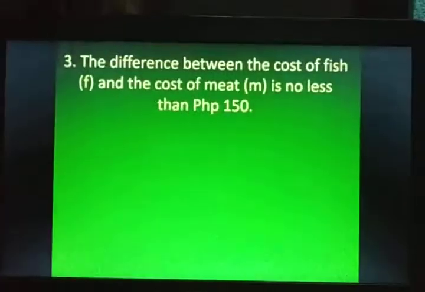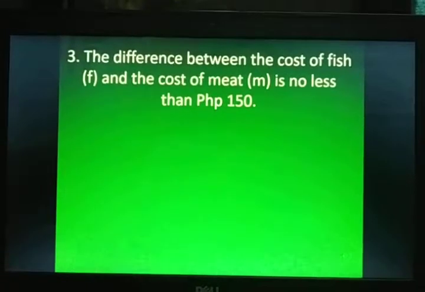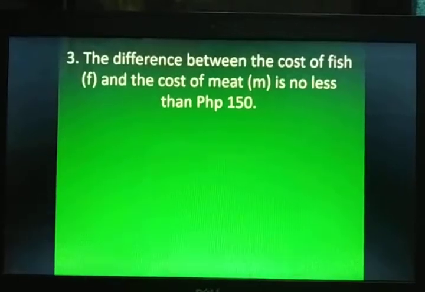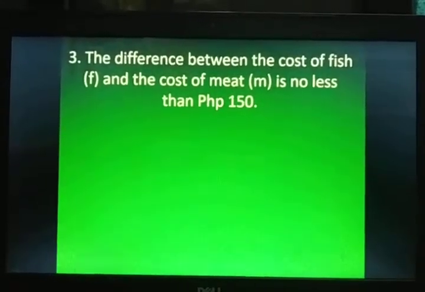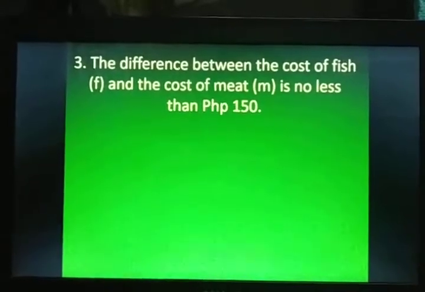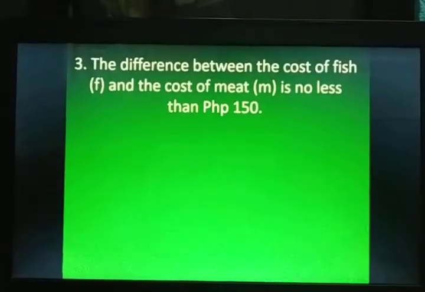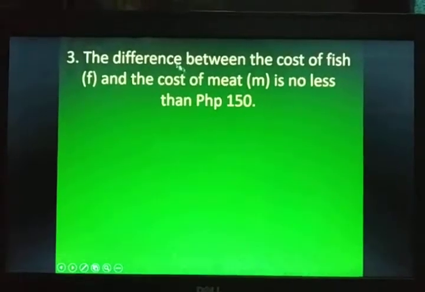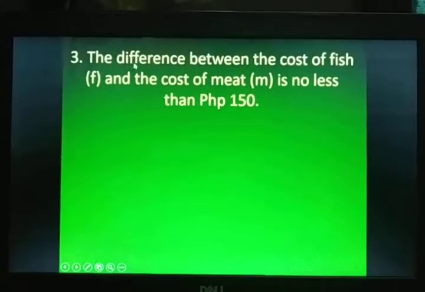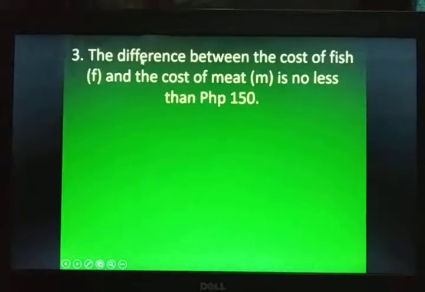The difference between the cost of fish, F, and the cost of meat, M, is no less than 150 pesos. F for fish and M for meat. So the word difference means subtraction.